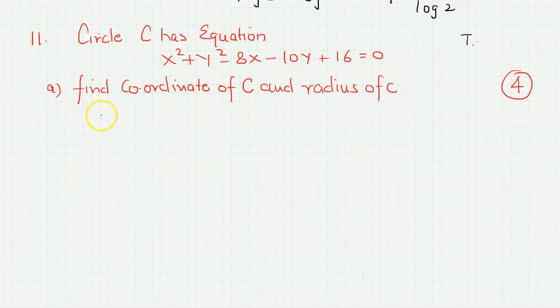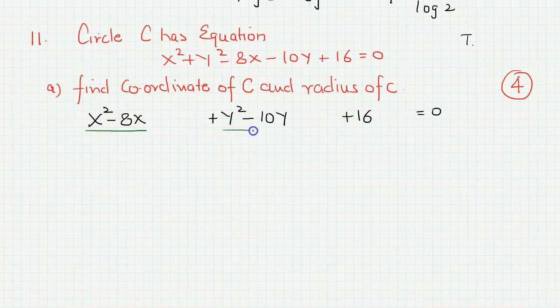So we can write it as x square minus 8x plus y square minus 10y plus 16 is equal to 0. So what I have done here, I have written the terms having x square of x, I have written the terms having y in it, and the constant one.